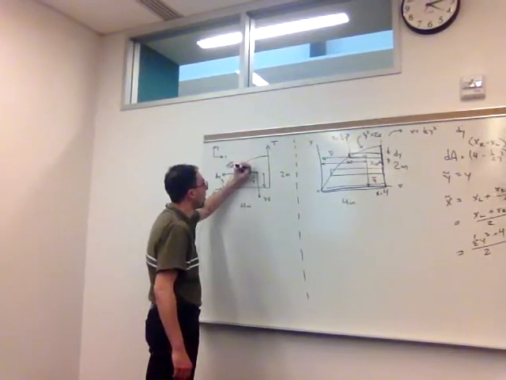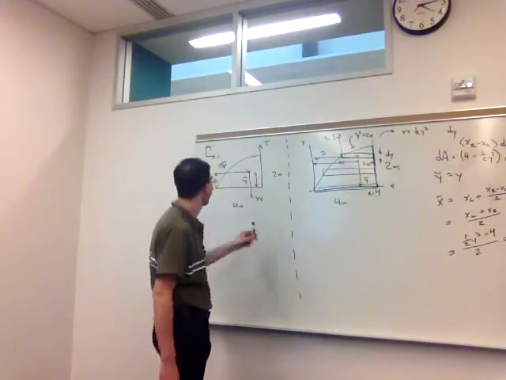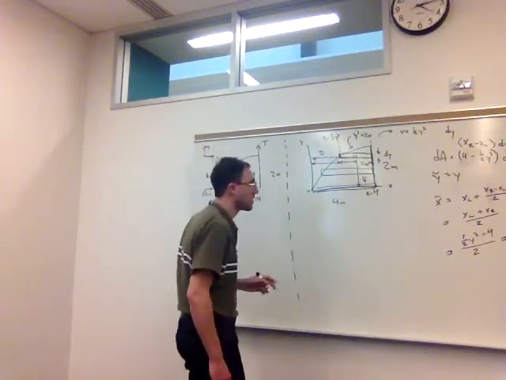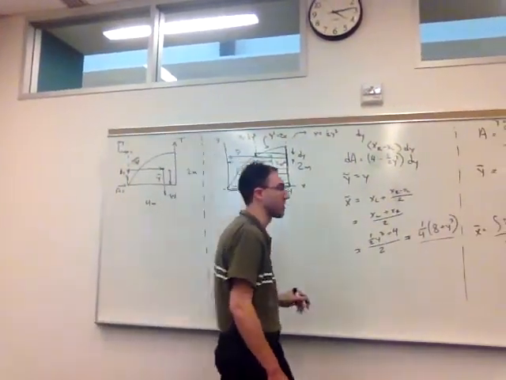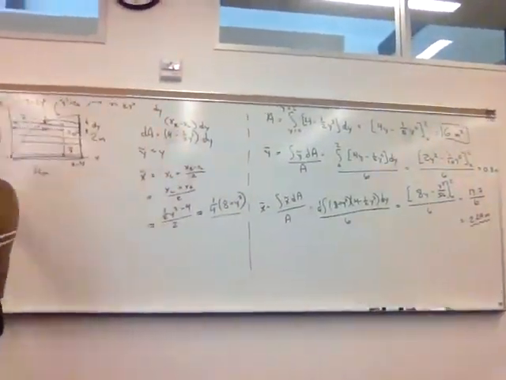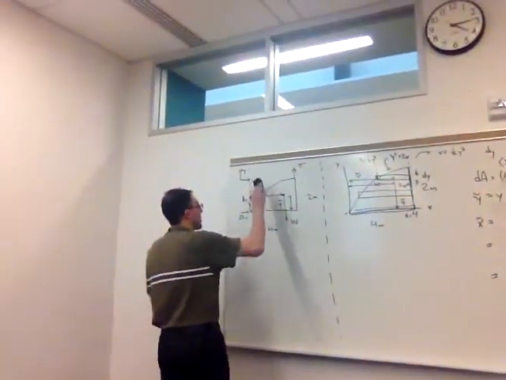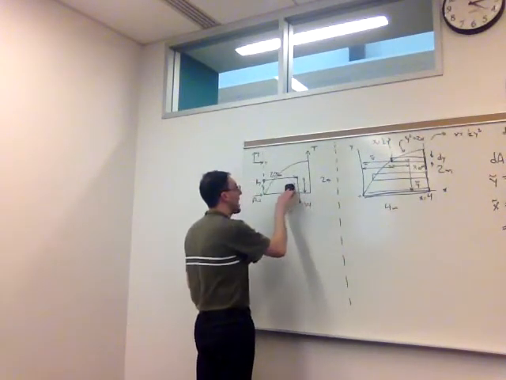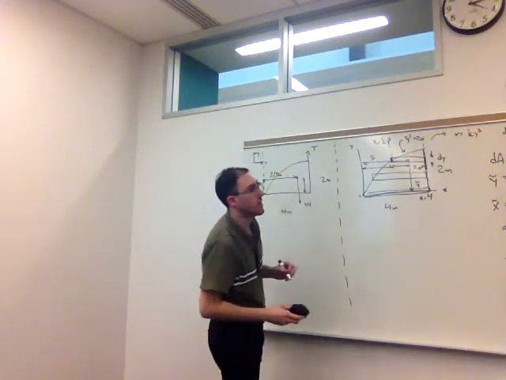So we now know where the centroid is located. It's going to be x bar from the left-hand side, since that's where our origin was in this picture. So x bar is 2.29 meters. We now know this is a number, and we now know the value of y bar is 0.8.